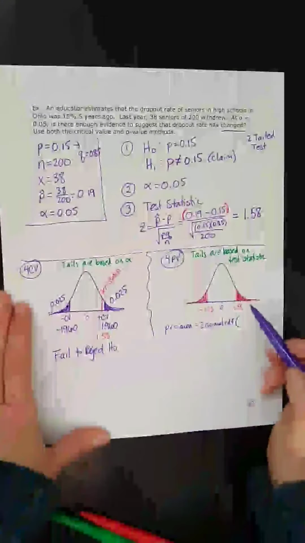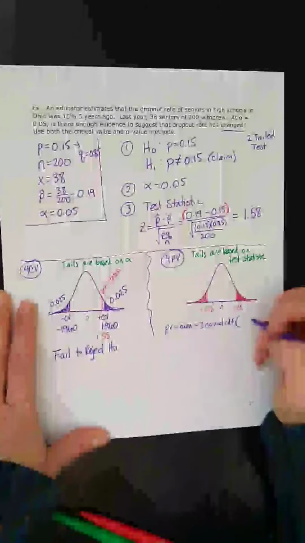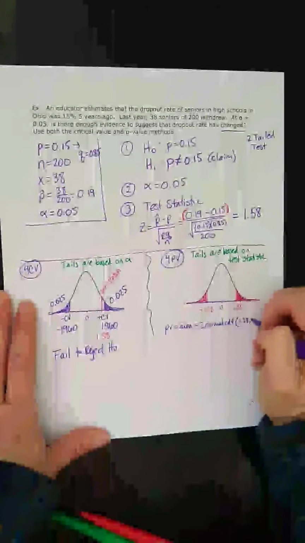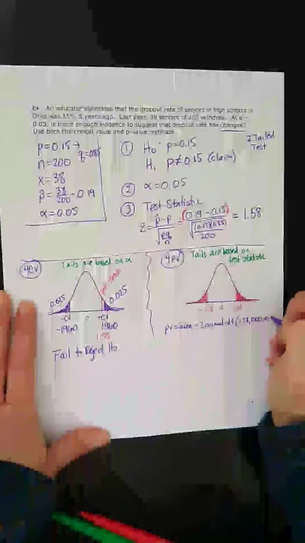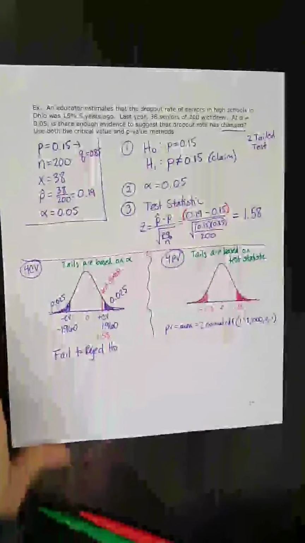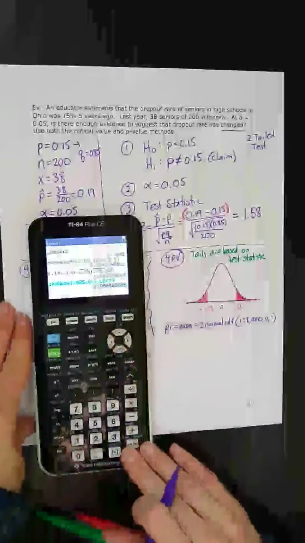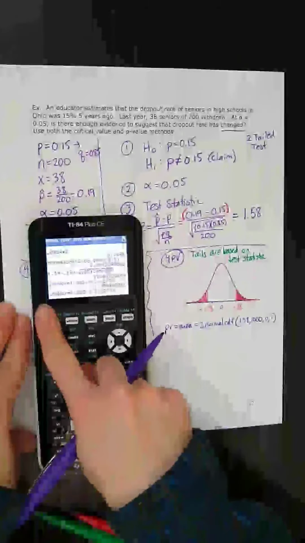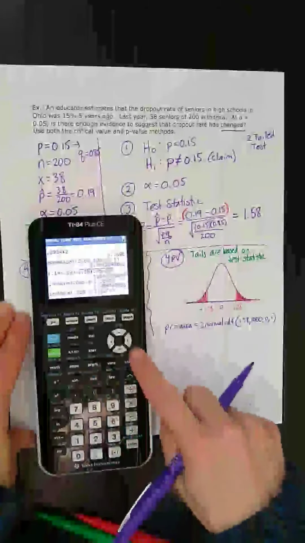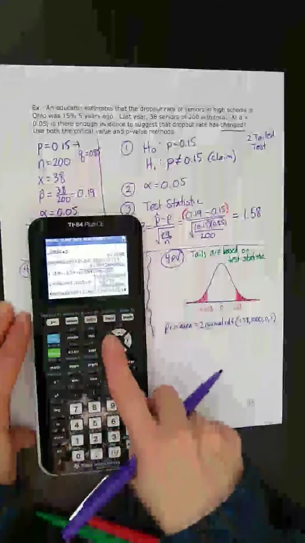So I'm going to do the normal CDF for the right tail. This was my actual test statistic, 1.58, so I'm going to use the right one. So 1.58 to 1,000, 0, 1. If you want, you can type in the 2 right here too. Either way, I'm going to do the normal CDF first.